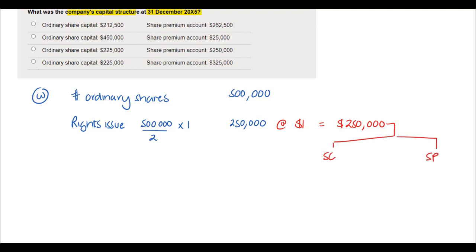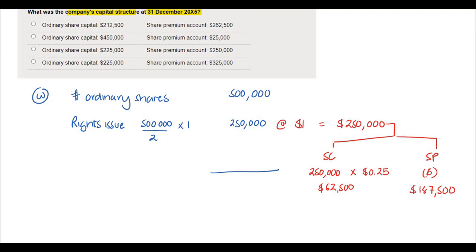The share capital entry will be for the number of shares on the rights, the 250,000, multiplied by 25 cents, the nominal value for a single share, giving us $62,500. The balancing amount would be to share premium, and that's going to be the $187,500.